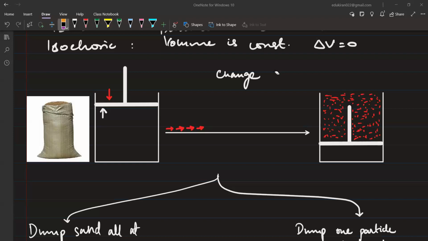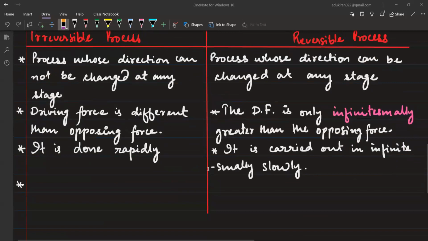If you move from 1 particle to the second particle, you will still not see any significant change. Similarly, 2 to 3, 3 to 4, you will not see any significant change. So that is why for the reversible part we will say that equilibrium is maintained at all stages.